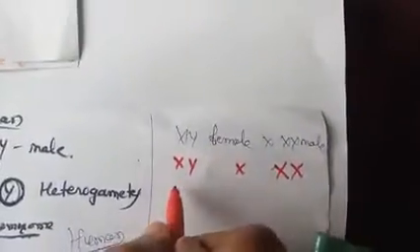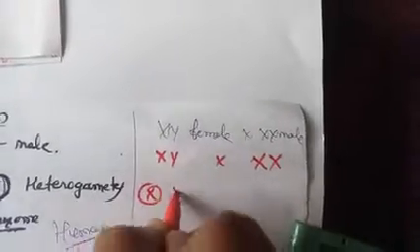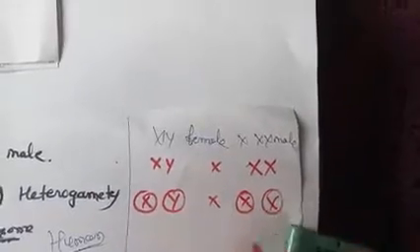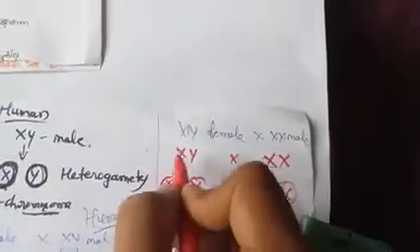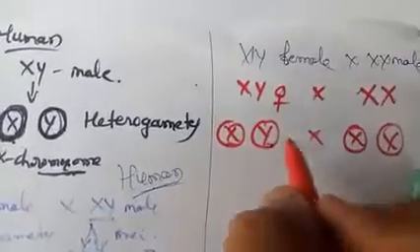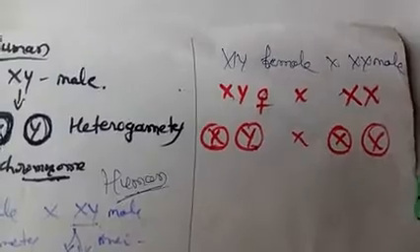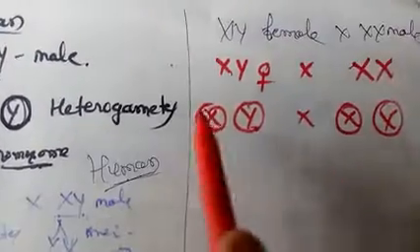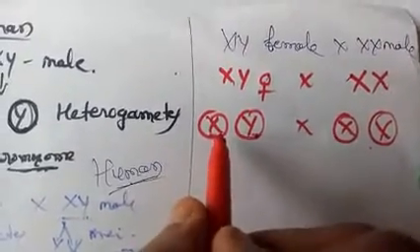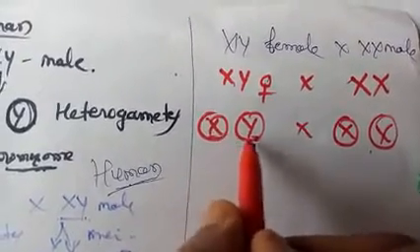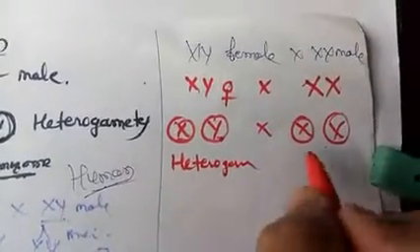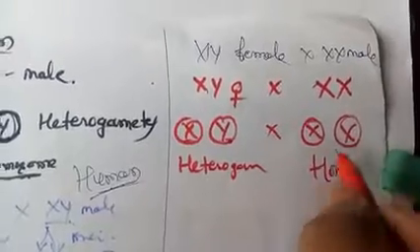Here we can expect the gametes as X and Y from the female, and X and X from the male. So the female is producing two different types of gametes, whereas the male is producing the same kind of gametes. If it is producing two different kinds of gametes, it is called heterogamety; it is called homogamety because it is producing the same kind.